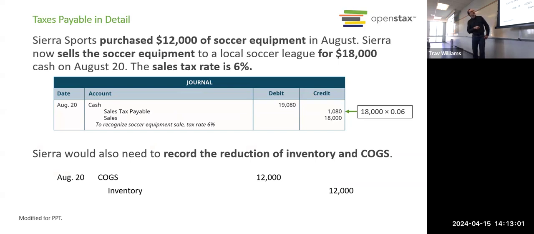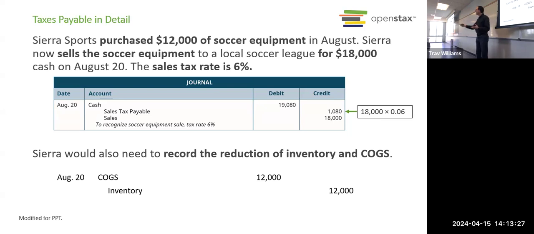All right, here we have sales tax payable. The sports company buys some soccer equipment, and there's a 6%. No, I'm sorry, they sell it. No, wait, they buy it. Let me read this, figure out what's going on. They buy it, oh, and then they sell it. I see. That's why I was confused. They buy it and then they sell it. Okay. So they sell the soccer equipment.